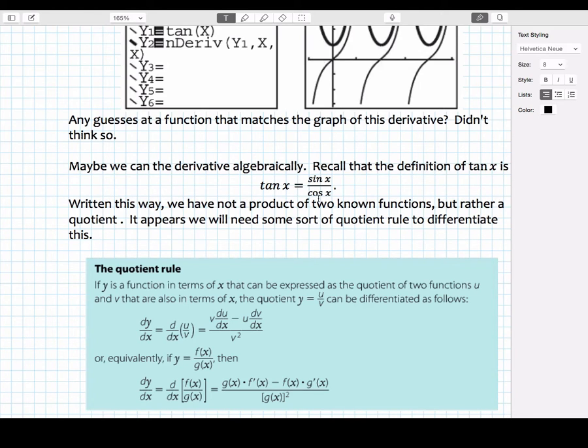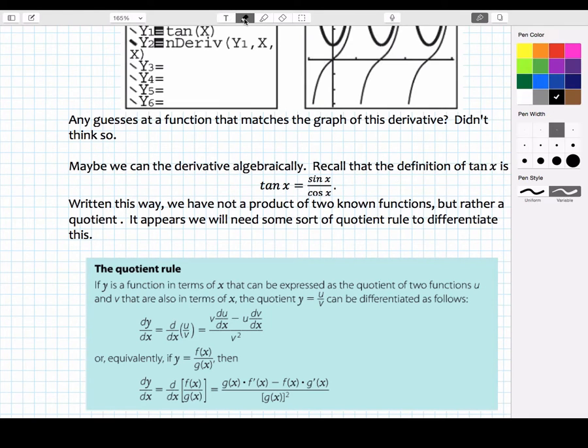Well, if you think of the product rule, did we just take the derivative of the first function and the derivative of the second factor and multiply them together? No, it's a little more complicated than that. In the same way, we can't just take the derivative of sine and the derivative of cosine and divide them. It's going to take something a little more complex.